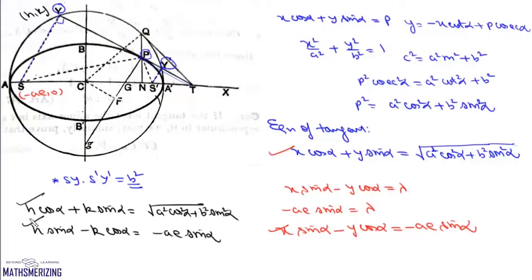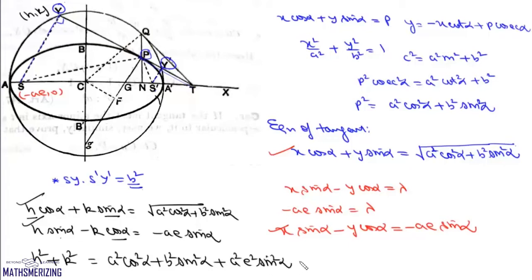So we'll square this, we'll get h square cos square alpha plus sin square alpha will be 1. So it will be h square plus, now again we'll have k square sin square alpha plus k square cos square alpha, there will be k square, and then plus 2hk sin alpha cos alpha minus 2hk sin alpha cos alpha will cancel. Then on the right hand side we'll have a square cos square alpha plus b square sin square alpha, and plus a square e square into sin square alpha.